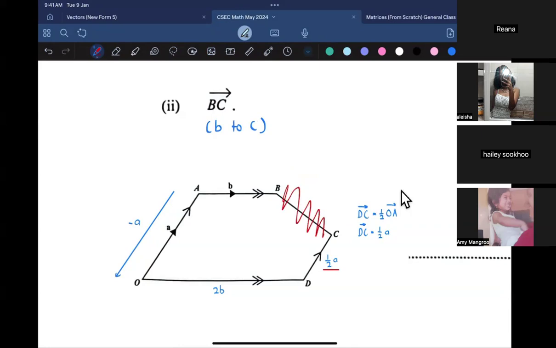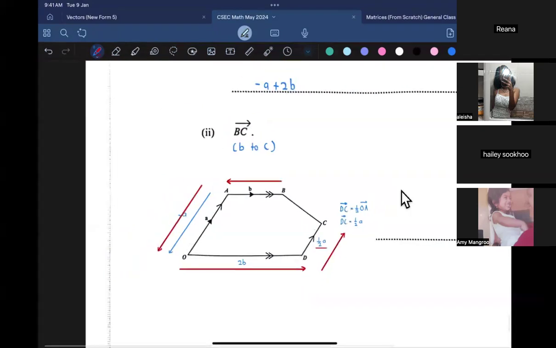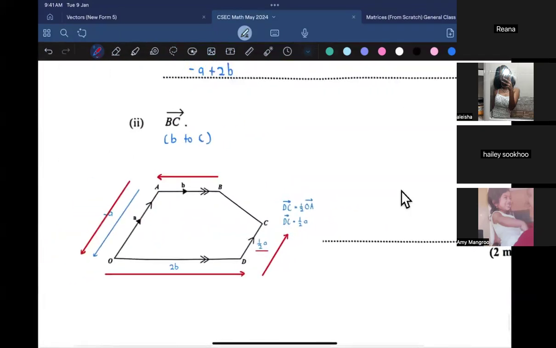So you have to go from B to A. Good, B to A. Then you gotta go from A to O, and then O to D. One more thing though. We want to go from B to C. And I go from D to C. Yes. Perfect. That was simple, right? Yeah, easy. So B to C.